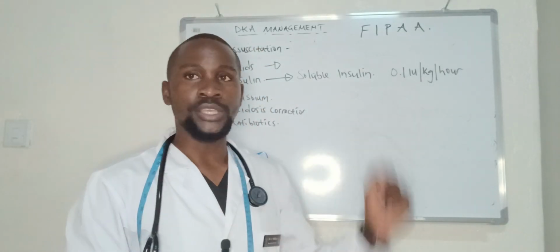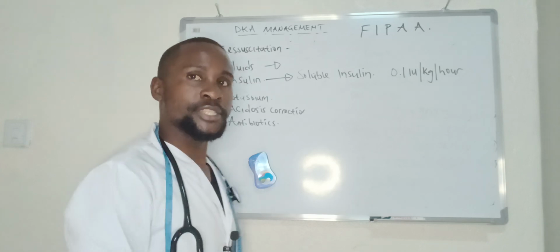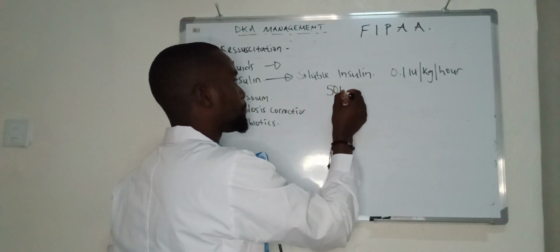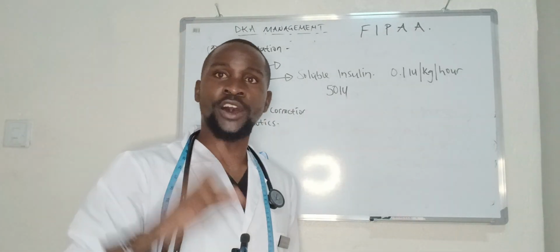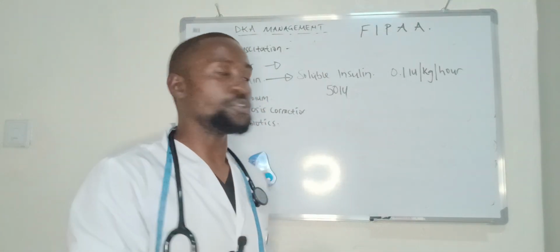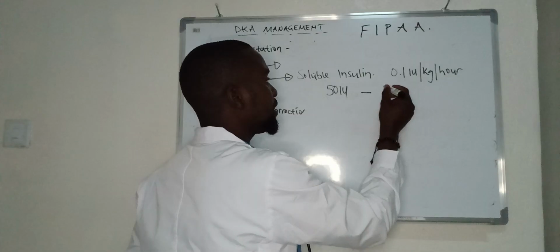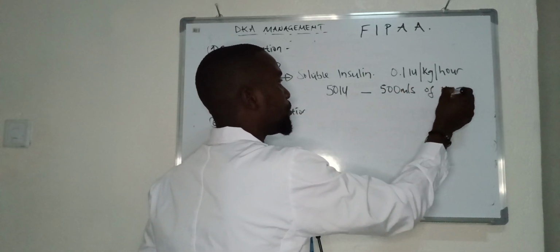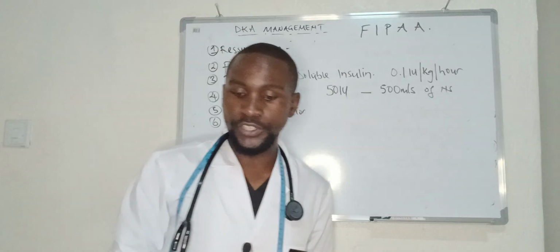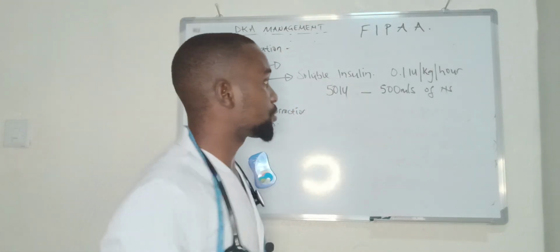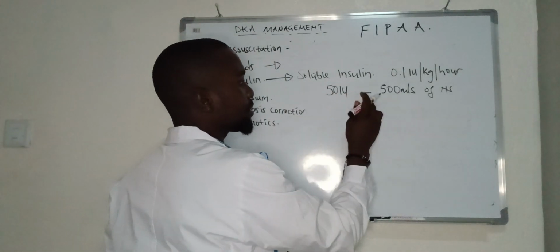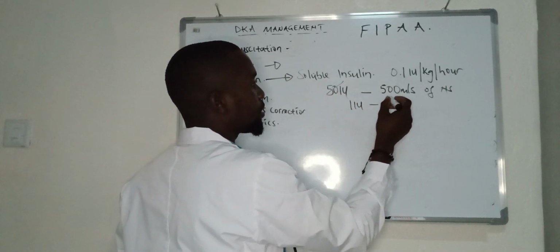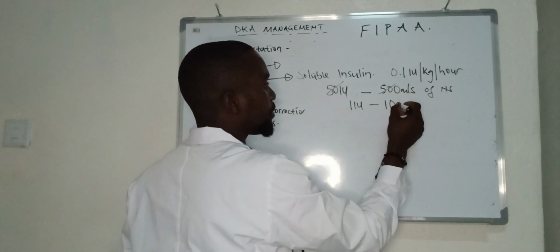So what you do is you withdraw 50 international units of insulin and add it to 500 mils of normal saline. This makes it 1 international unit for every 10 mils.